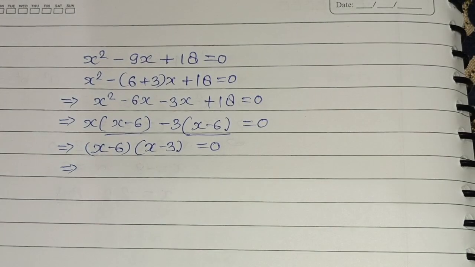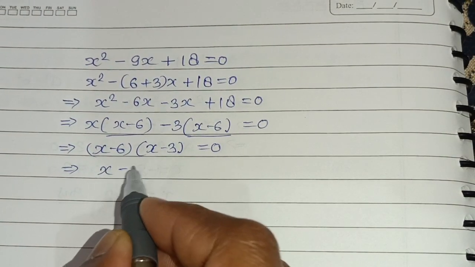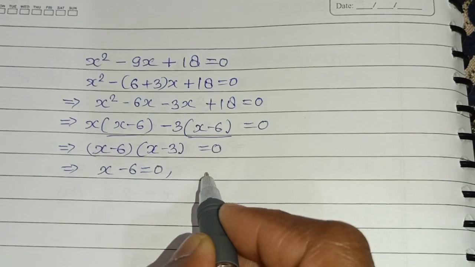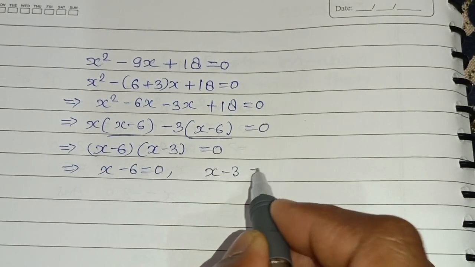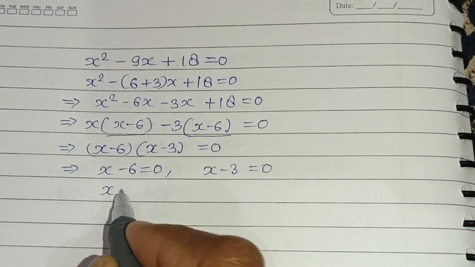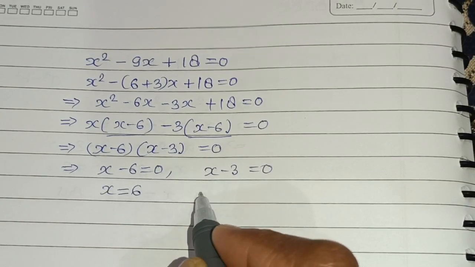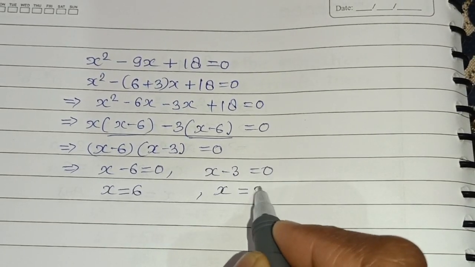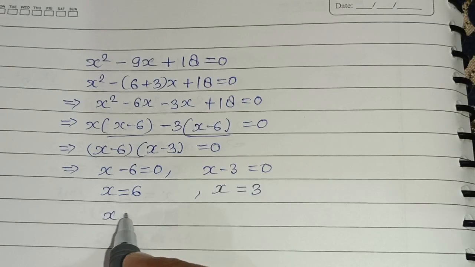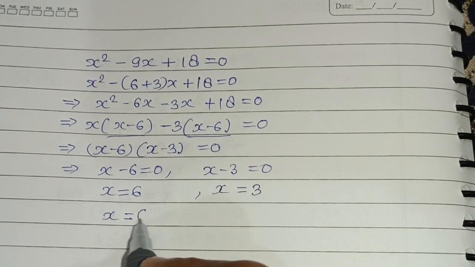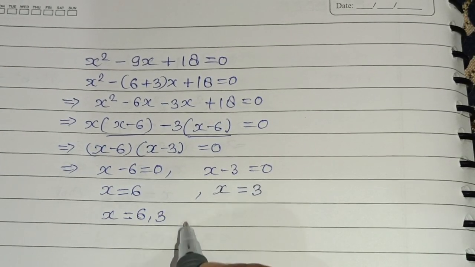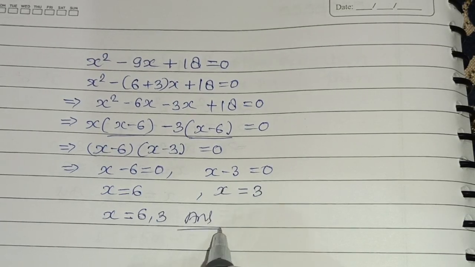So x minus 6 equal to 0 and x minus 3 is equal to 0. So x equal to 6 and x equal to 3. So then we have value of x is 6 comma 3. That is your answer.